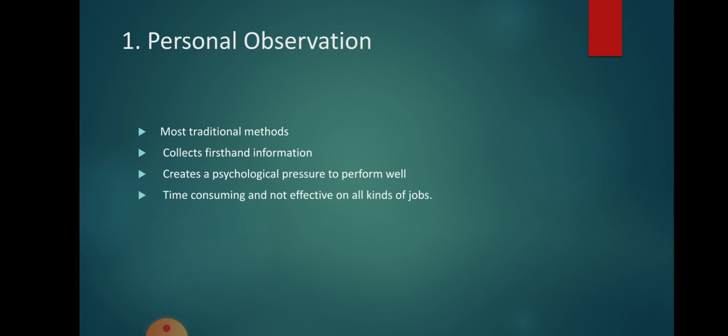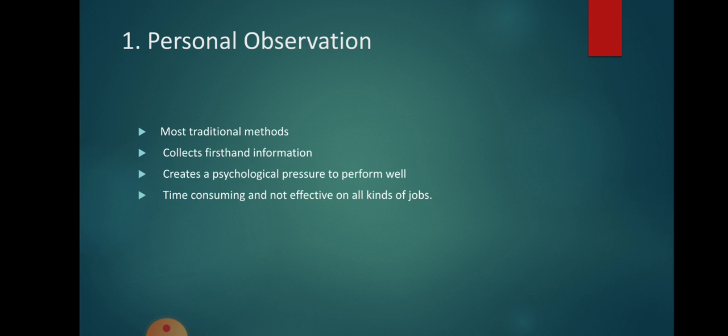And one thing is, it is time consuming and not effective on all kinds of jobs. So one demerit or limitation of personal observation is, obviously, it takes time. A particular person needs to be appointed to look after the subordinates, and that supervisor has to spend time on observing these people.